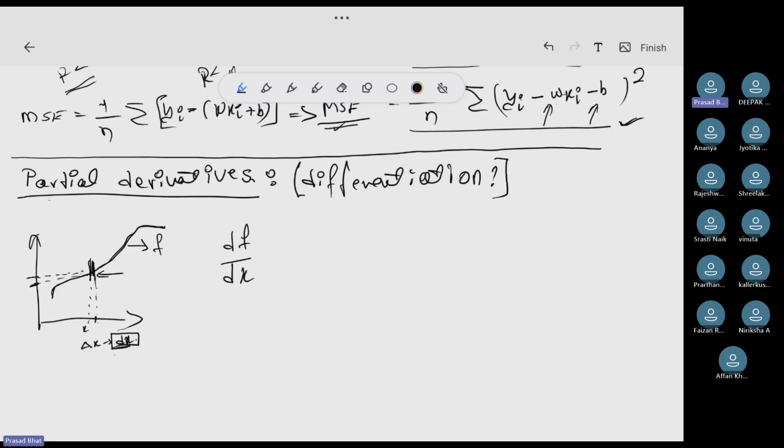Don't worry if it is not making sense in a mathematical way, but try to understand it in the general meaning. We are simply segmenting this line in a small interval of delta x or dx. In that small segment, how is my line changing, how is the value of y changing? This is what we are trying to find.